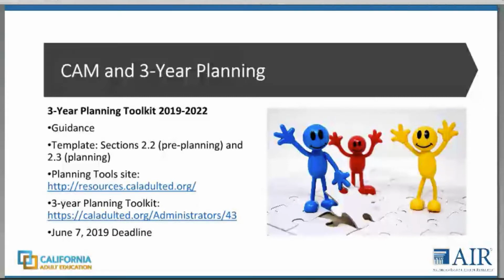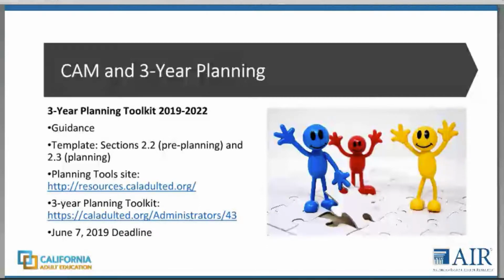And all of this leads us to June the 7th, which I know you're saying that date can't get here soon enough. You want to get your plan done and submitted and be done with this requirement that you have to complete.